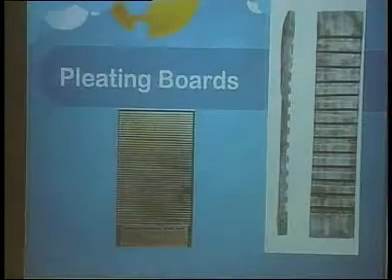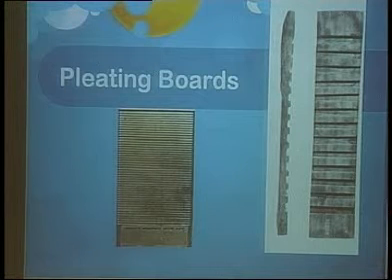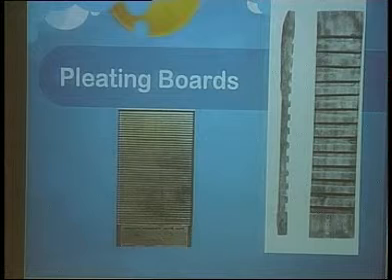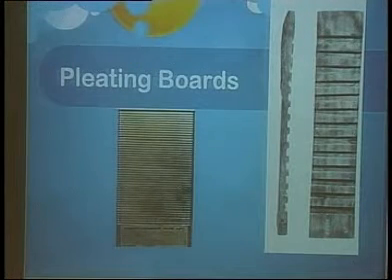Here we move on to the subject of our demonstration. The early Egyptologist Sir John Gardner Wilkinson, in his Manners and Customs of Ancient Egypt, written in the 1840s, refers to certain objects as pleating boards, one of which is the object shown on the right-hand side here, which is now in the British Museum.